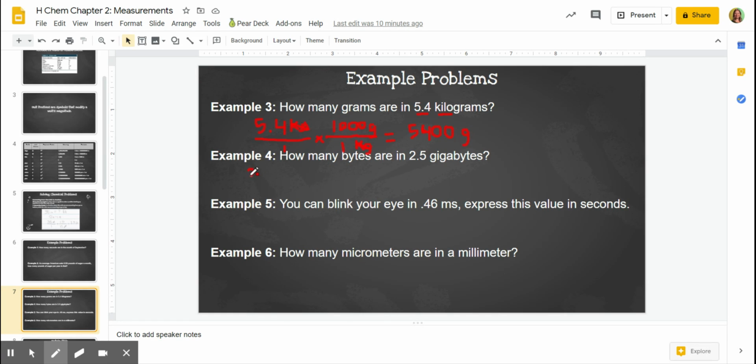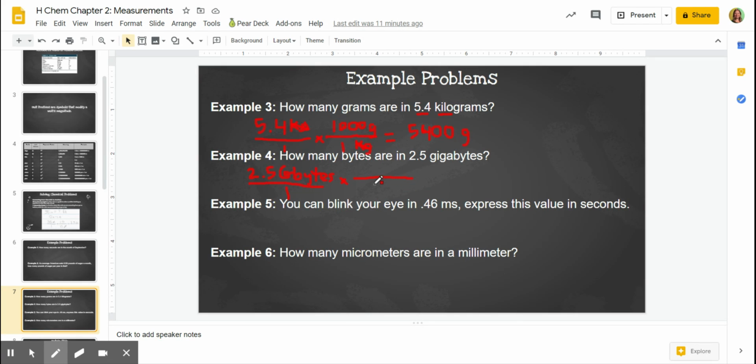So we have 2.5 is our given number, capital G for gigabytes. Okay, over 1. We always start with our given number and our given units over 1, and then times a conversion factor where gigabytes goes on the bottom because this is what we're starting with.